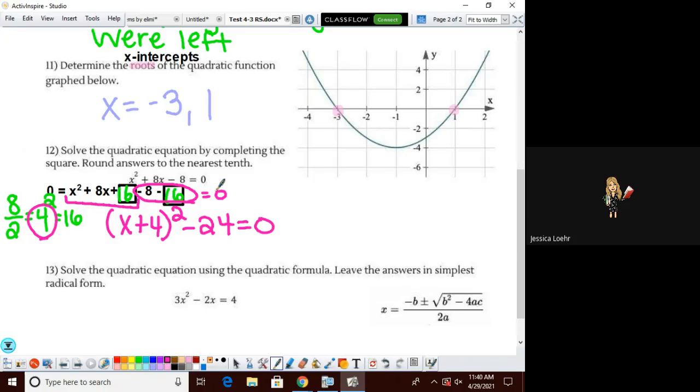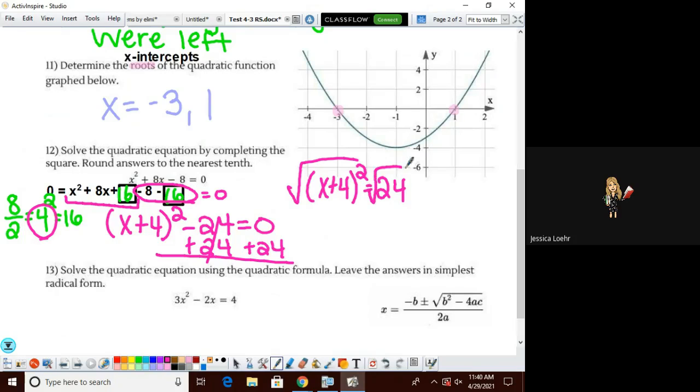Now I'm solving it. First thing you need to do is move this 24 over to the other side. So then I have x plus 4 squared equals 24. Next step is to get rid of the exponent. Take the square root of both sides. That gets rid of this exponent. So I have x plus 4 equals rad 24.